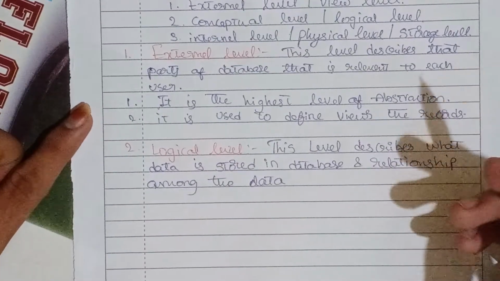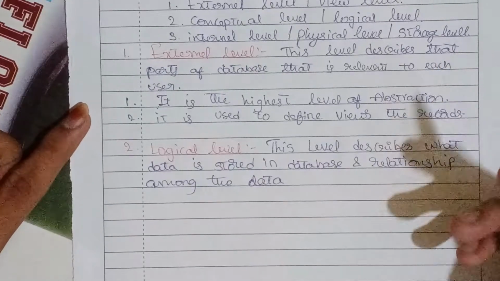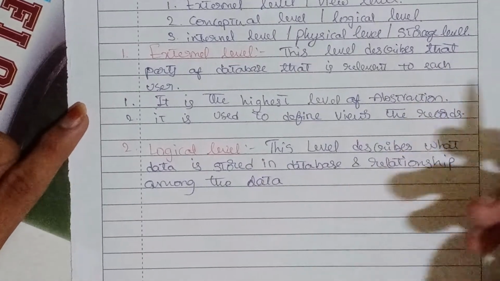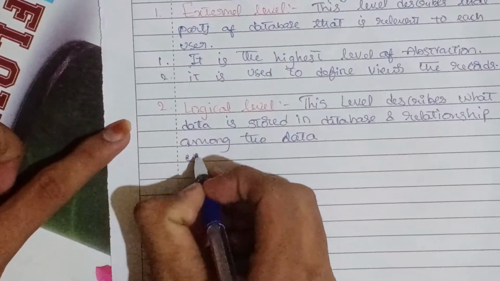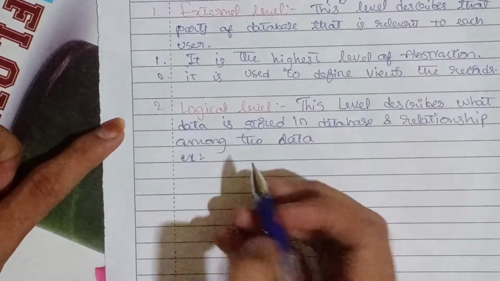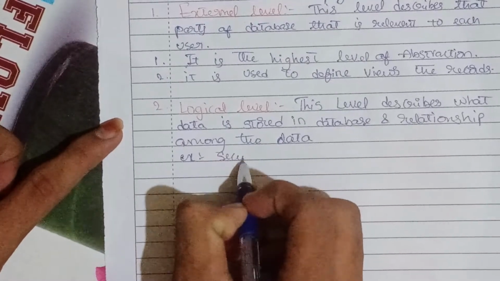Second example, constraints on the data. Third, security and integrity of data.